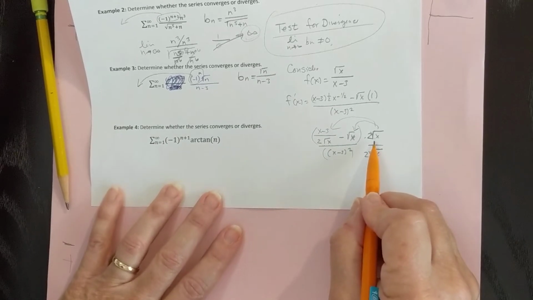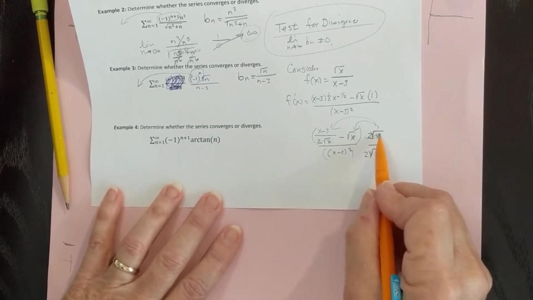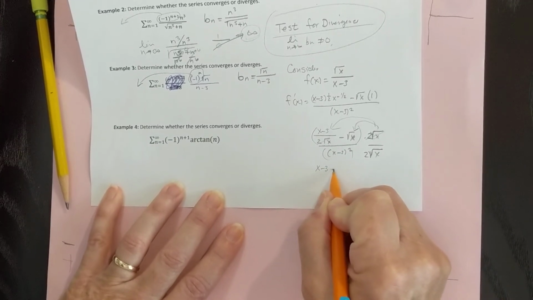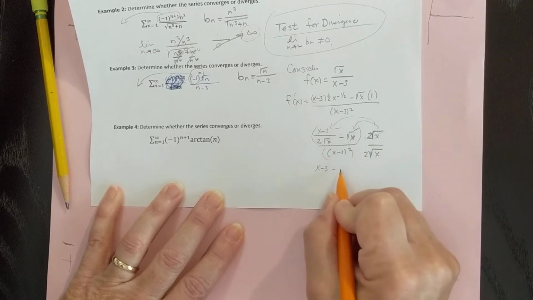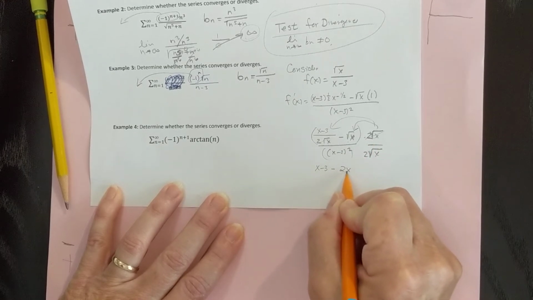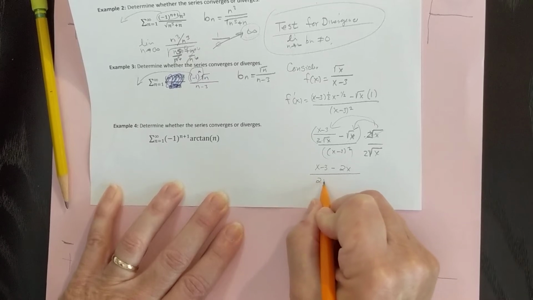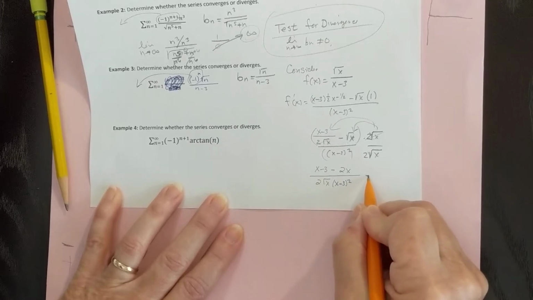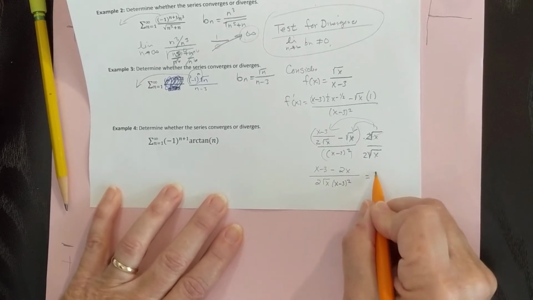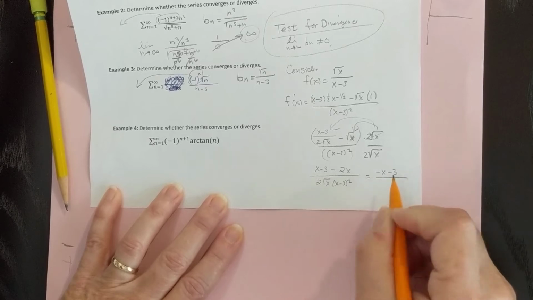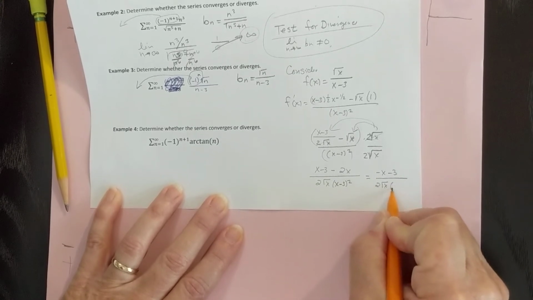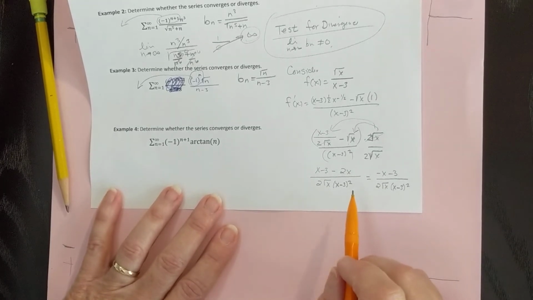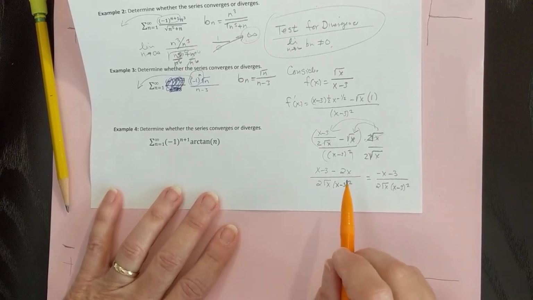If I multiply by 2 times the square root of x, first that will completely kill my fraction, which is nice, and I just end up with x minus 3, minus the square root of x times 2 square root of x, which is 2x. In the denominator, I have 2 times the square root of x times x minus 3 squared. This becomes x minus 2x, or negative x minus 3, over 2 times the square root of x times x minus 3 squared. This series starts at 1, so the values go from 1 to infinity.